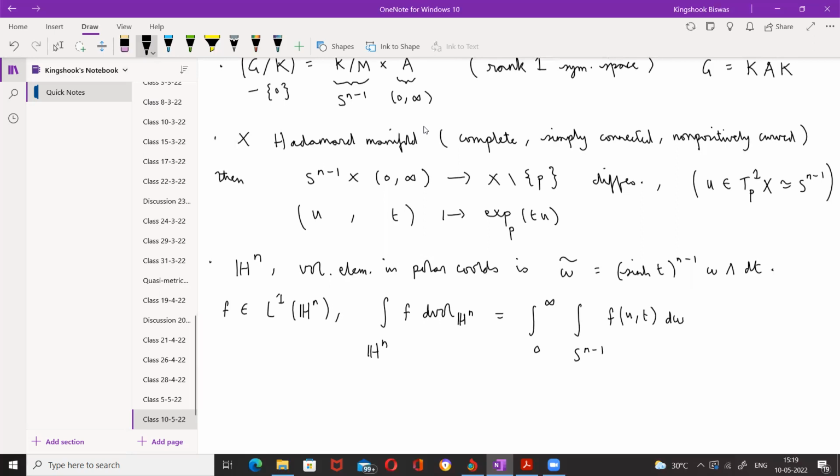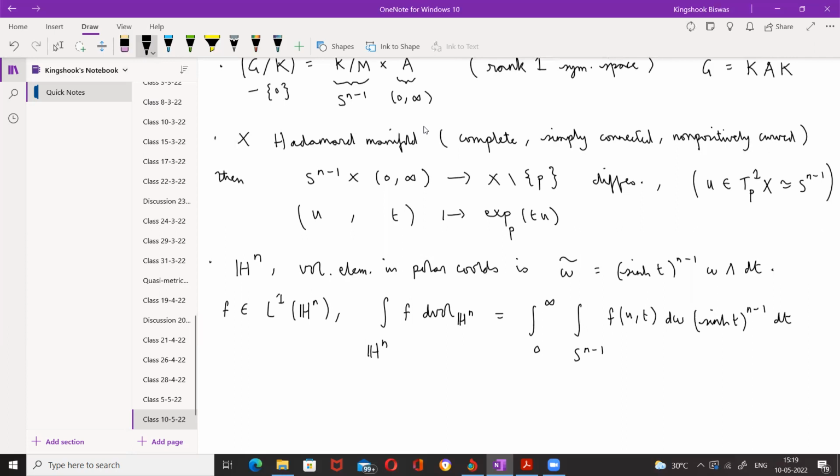And then outside I get sinh t to the power n minus 1 dt. So this gives us an explicit way to calculate integrals.